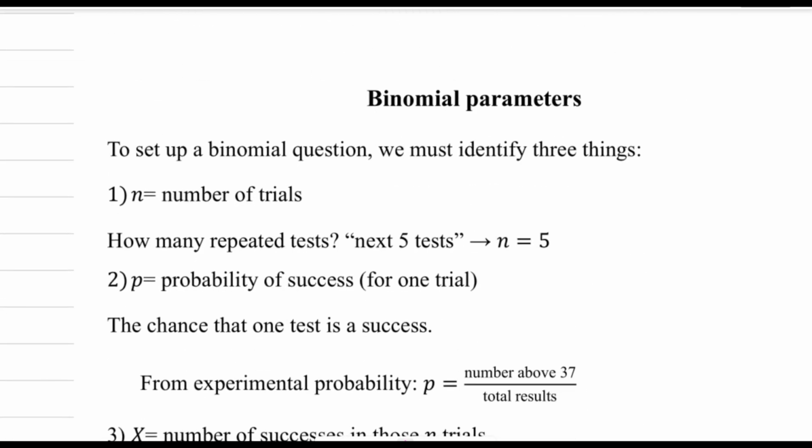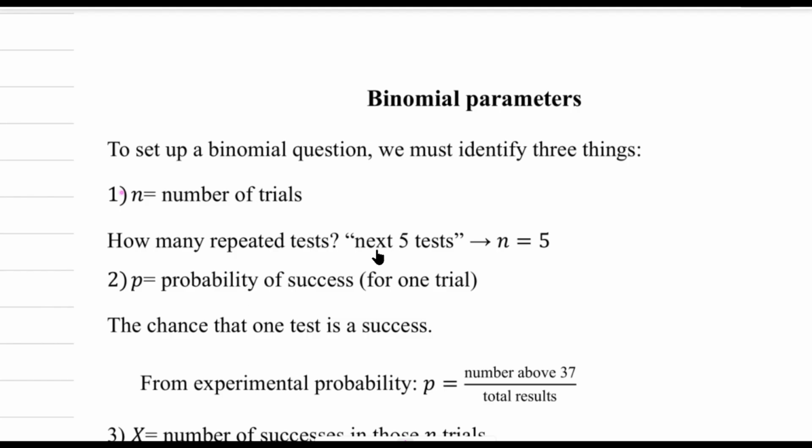In order to calculate the binomial distribution, we need some parameters. The number of trials, named n, and the number of trials might be repeated tests in the future, in the next tests. How many tests are you going to try in the future?